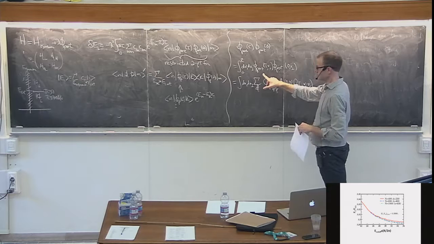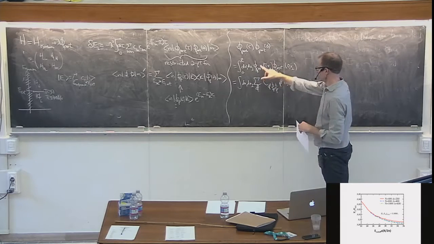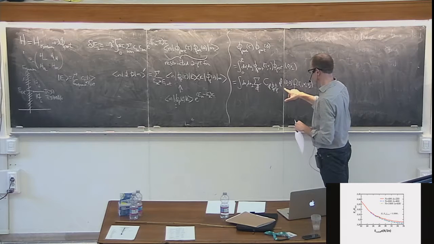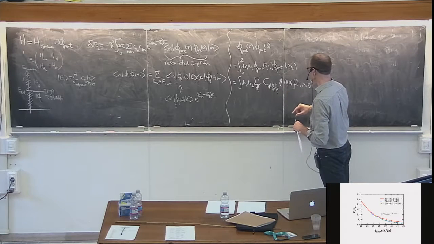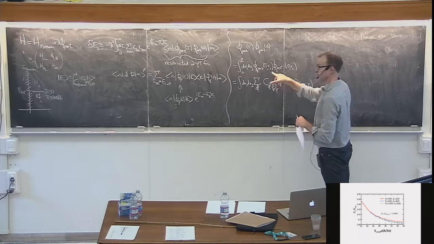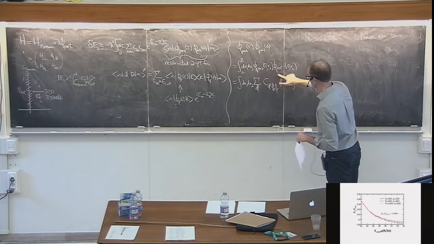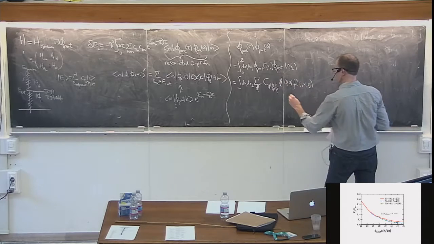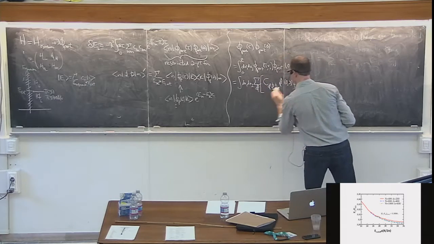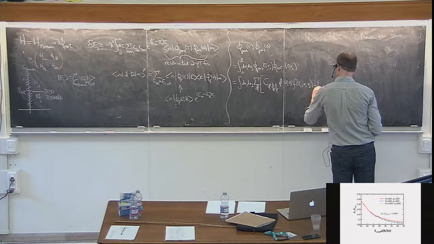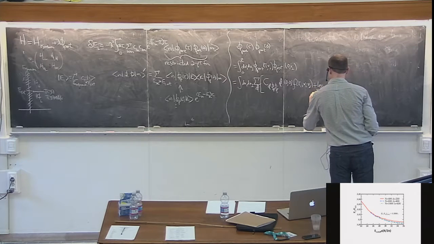An OPE basically involves replacing these products of fields by a sum over some individual fields, or effectively what it does is it extracts the most singular part of the products of these two fields. So when I write this, I have to understand that there's less singular terms here.